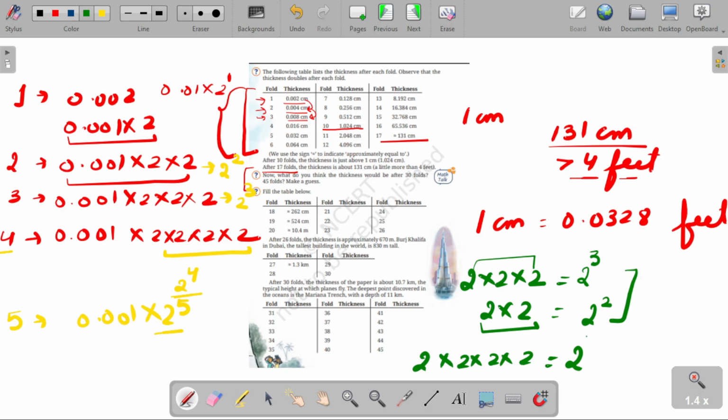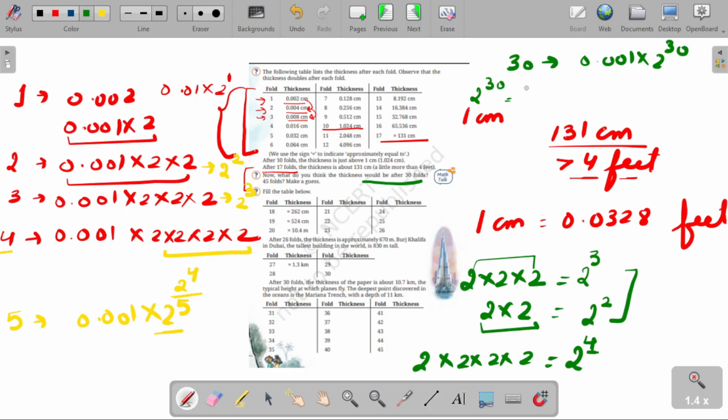That means you need to raise to the power 4. This is what I am doing here. And they are saying if you need to find out the thickness at the 30th fold, you need to multiply 0.001 with 2 raised to power 30, right? Now, what is the value of 2 raised to power 30?